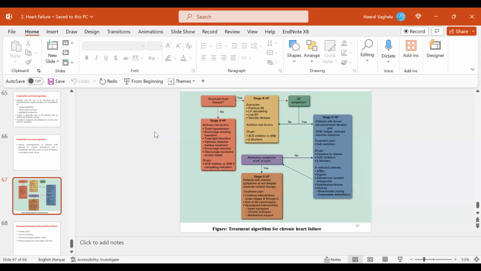Stage B, again you're using ACE inhibitors or ARBs, but you can also add beta blockers, especially the cardioselective beta blockers like carvedilol, bisoprolol, metoprolol. It's an advantage to use beta blockers because they slow ventricular remodeling. They slow down your heart rate and inhibit renin release.